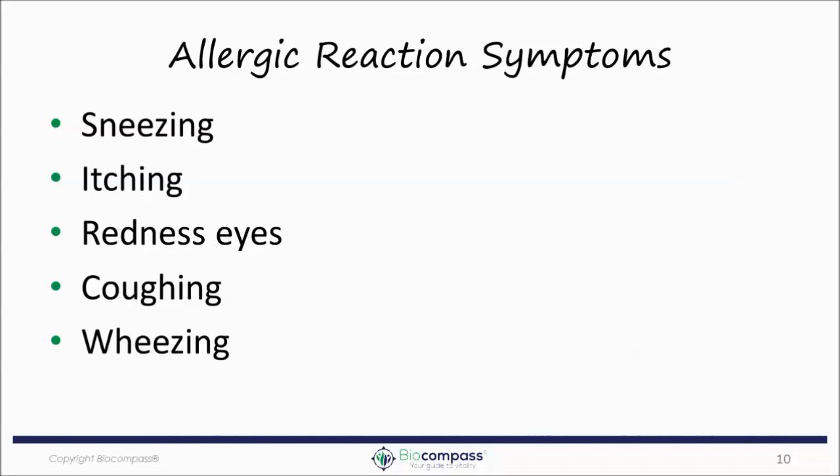A typical allergic reaction does not have to cover all the elements, doesn't have to show all the symptoms. If you put 10 people next to each other who have been diagnosed with an allergic reaction, one might have sneezing and itching, the other one might have sneezing and redness, and the third one might have itching, coughing, and wheezing. So the symptoms that a person perceives are different.